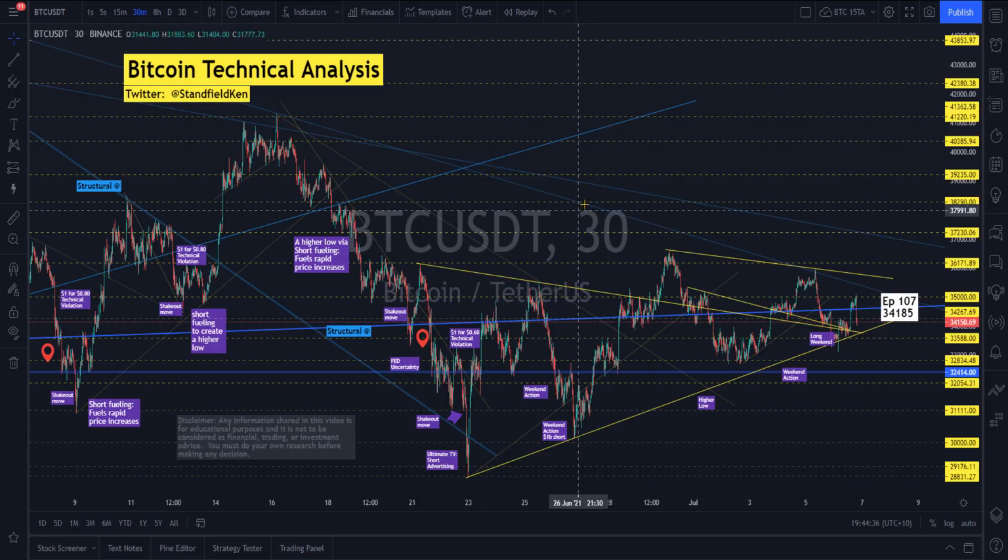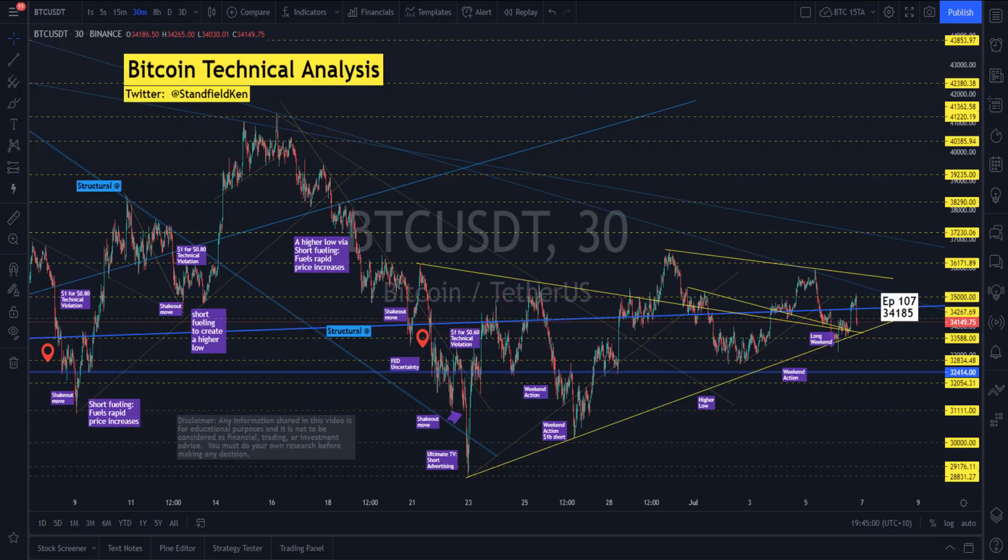We've changed from the 15-minute to the 30-minute in Bitcoin. That's for a specific reason. We now need to zoom out a little bit as Bitcoin is starting to repair itself. A couple of people said to me, Ken, what you said last episode, the episode before last, that the shorts entering the market was a good thing.